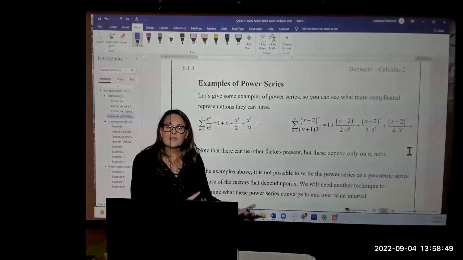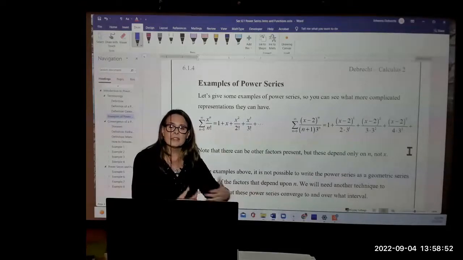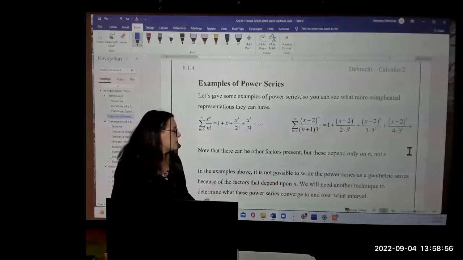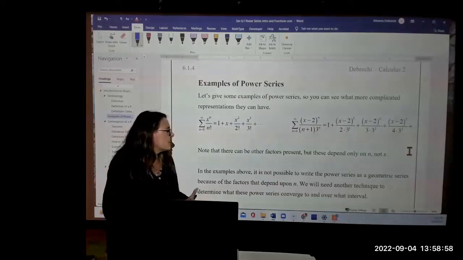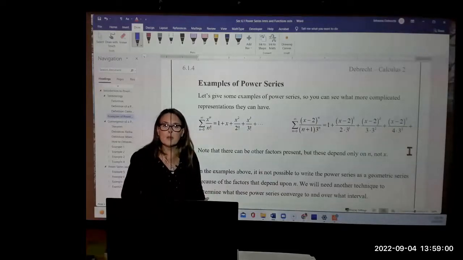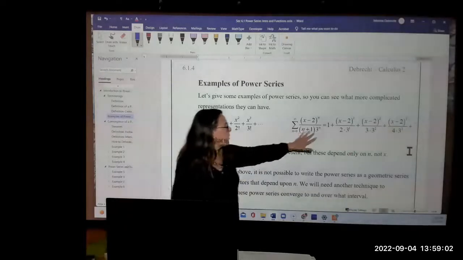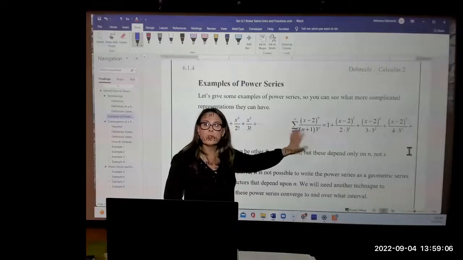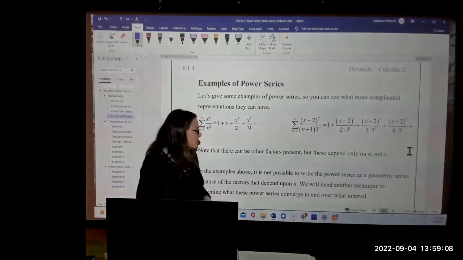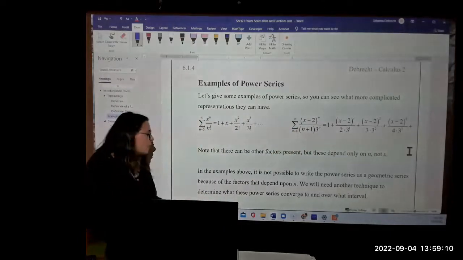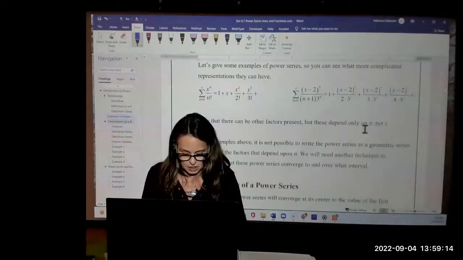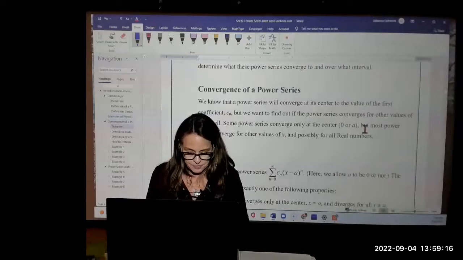It's not how we get from one term to the next. It's not a common ratio. So we can't write this in strictly geometric form. So again, we're going to have to find some other way of determining whether or not this power series centered at 2 converges and over what interval it might converge. So we need another technique to determine when they converge and over what interval.